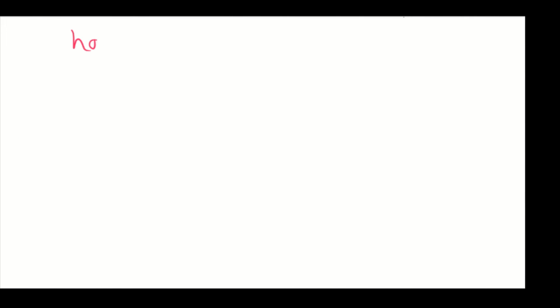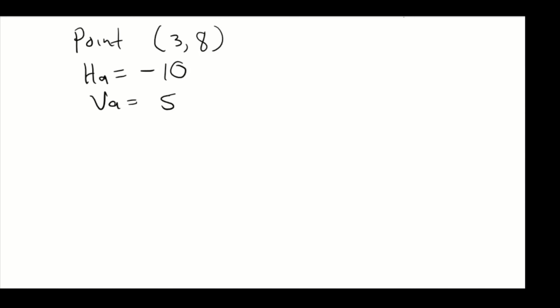So to solve the problem, we have a point (3, 8) on the hyperbola, the horizontal asymptote of -10, and the vertical asymptote of 5.